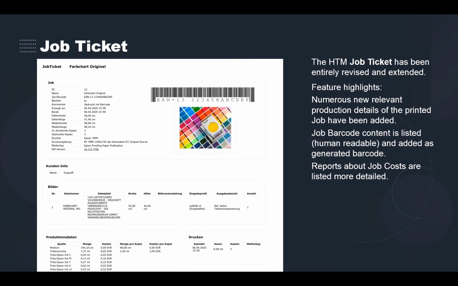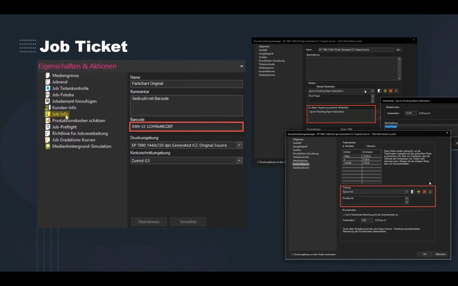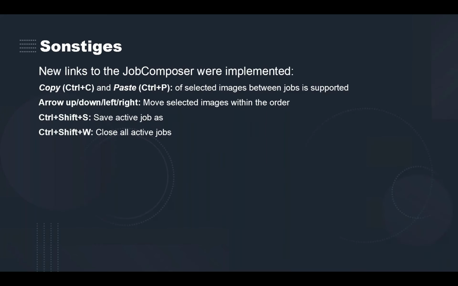Now it will come with more data. It will come with the barcode, plus we'll have the report about the costs. So now in the job ticket, the barcode and, as you can see, all the ink consumption, the media consumption, and the cost will come on the job ticket. Of course, if it has been set up before to do that.